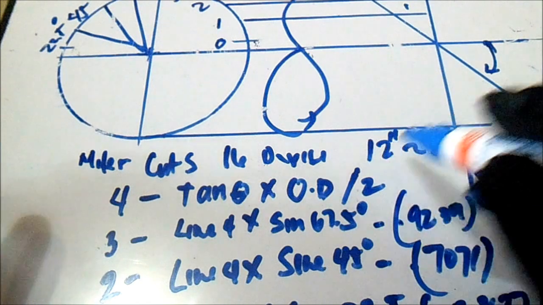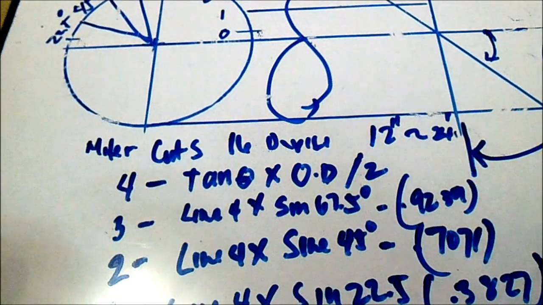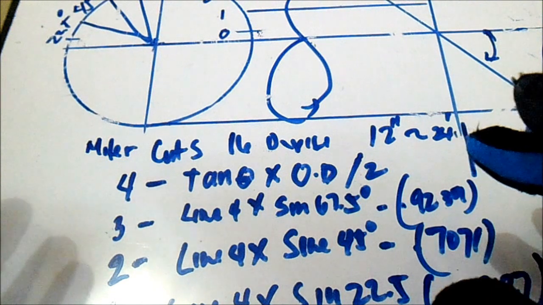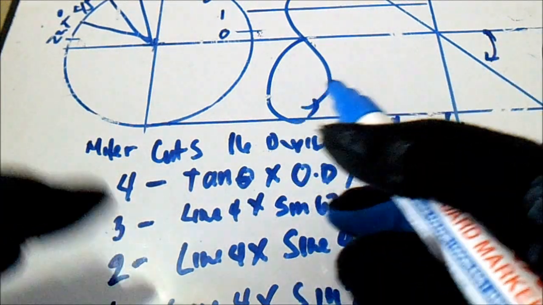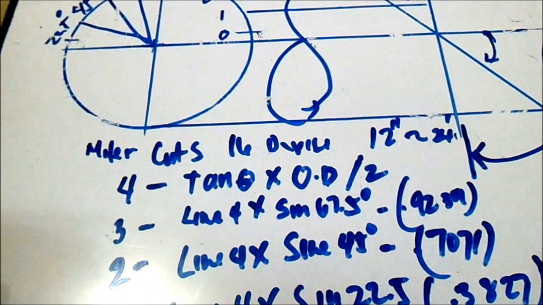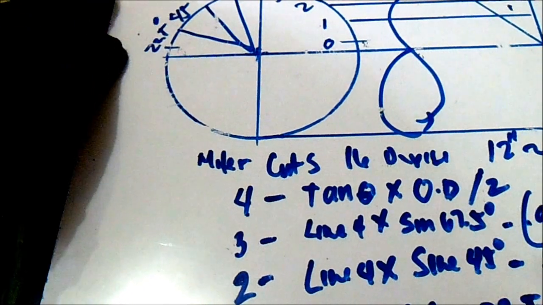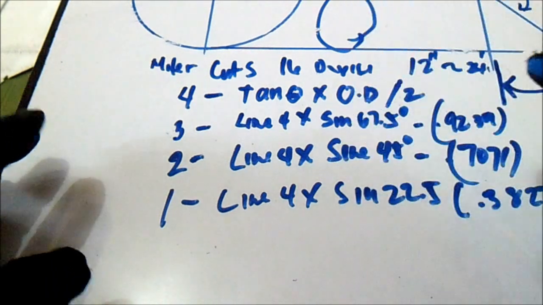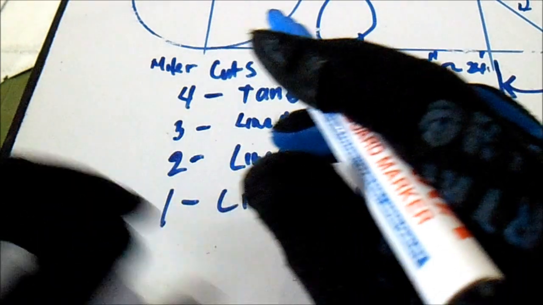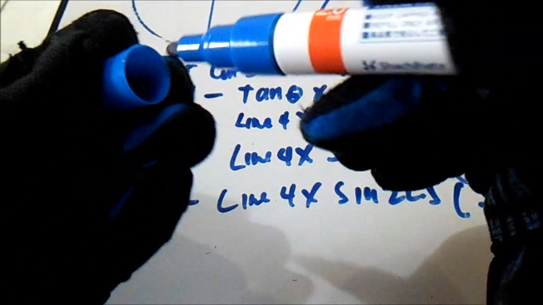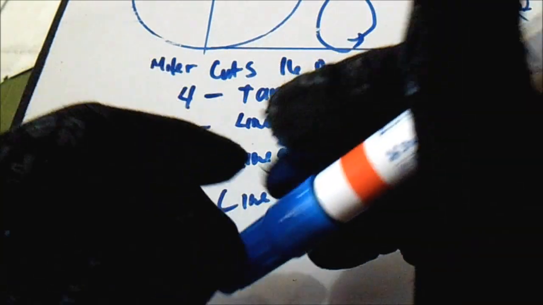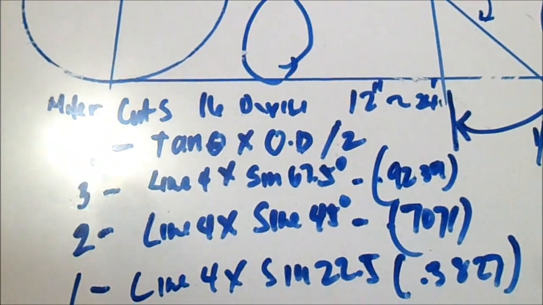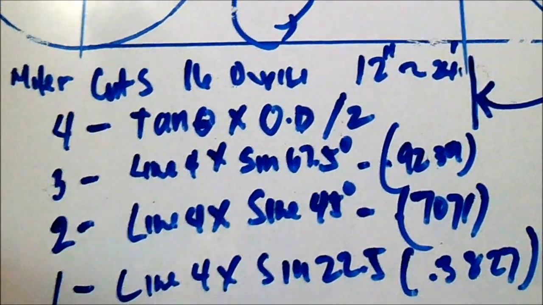We have 16 divisions for 12 inch to 24 inch. Note that this is a constant, derived from the angle of division, depending on your angle of division and the pipe circumference. For pipe of 4 inch to 10 inch, we can use 8 divisions. For 32 divisions, we have 26 inch and above. So this is the miter cuts.